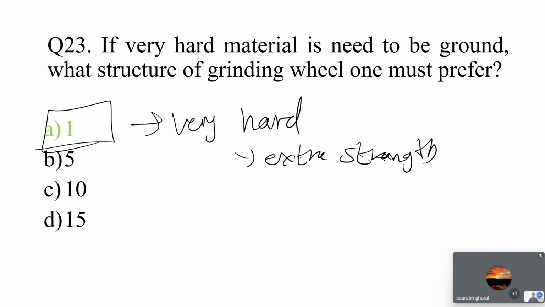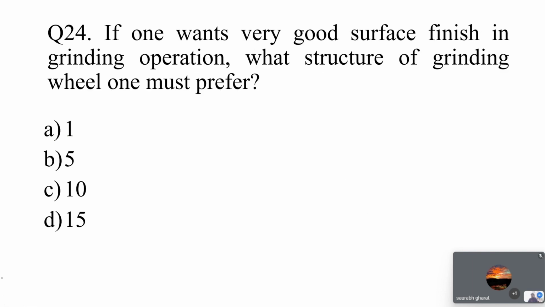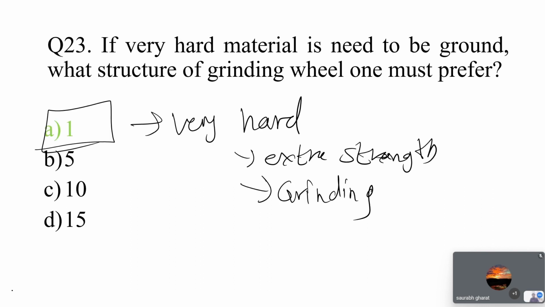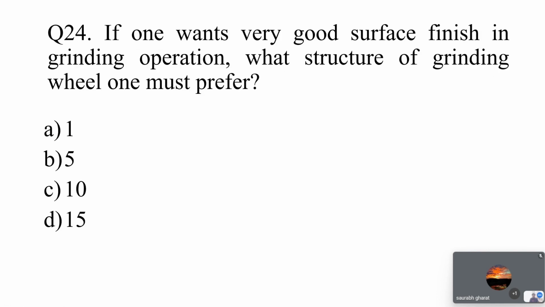You get extra strength there, and you can do the cutting or grinding properly. Right now the hard material grinding is over. So now what we have is your very good surface finish.